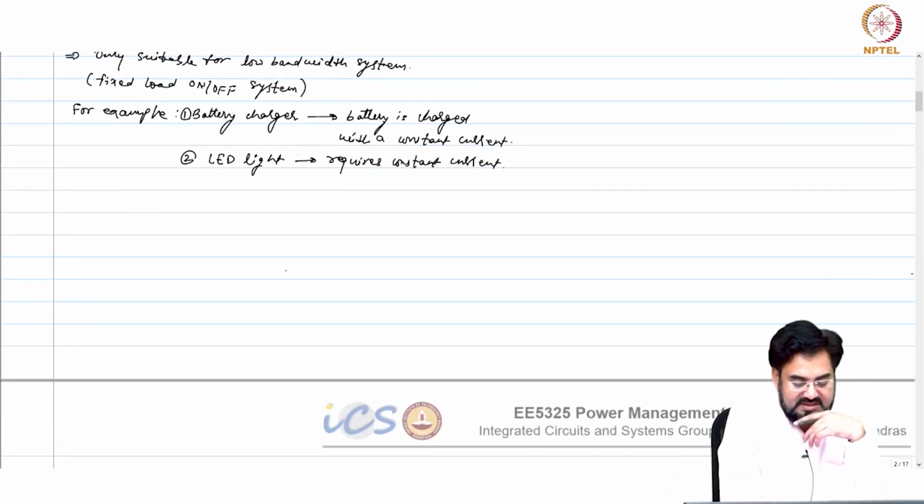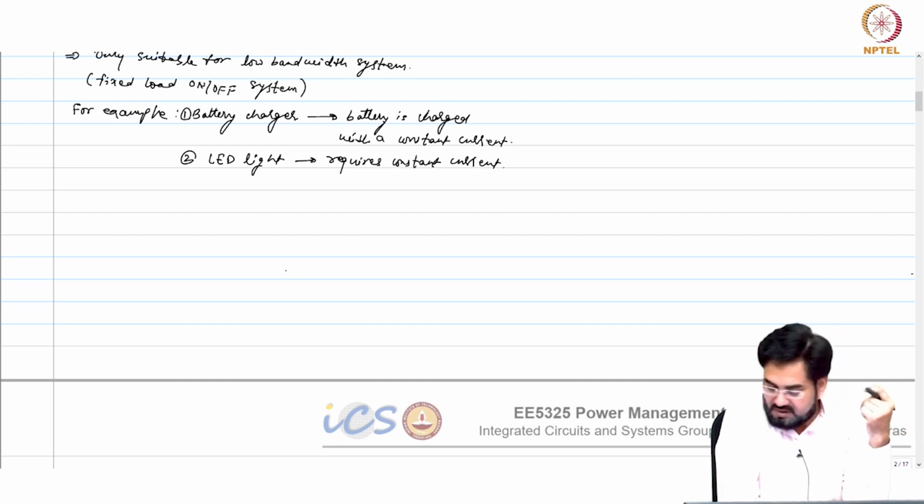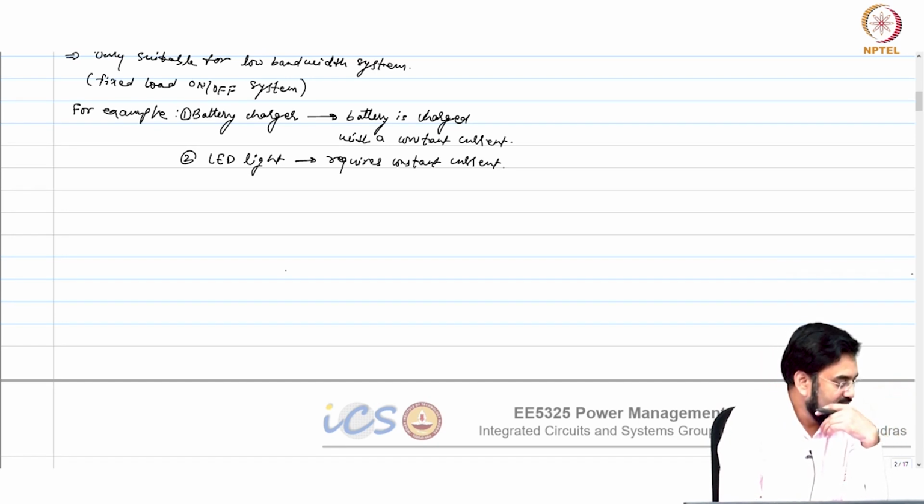But most of our systems, let us say your SOCs or your processors, their load is variable actually. Depending upon how much activity is going on, your load may vary a lot, or all of a sudden one part of the system is turned on, then it will start drawing a huge current. So, let us say the example of your phone, you are watching some pictures or videos, and all of a sudden you start getting a call.